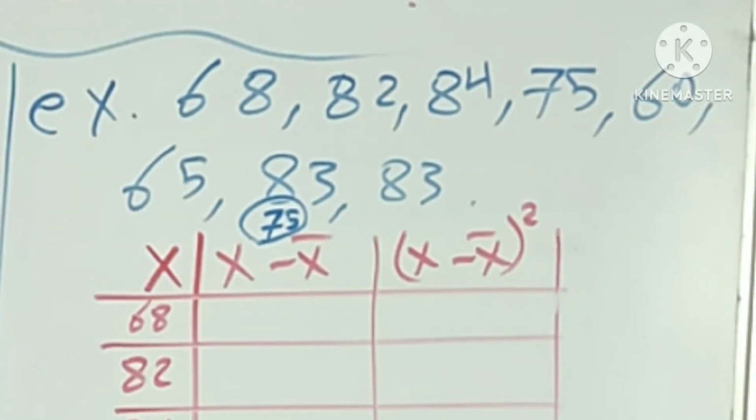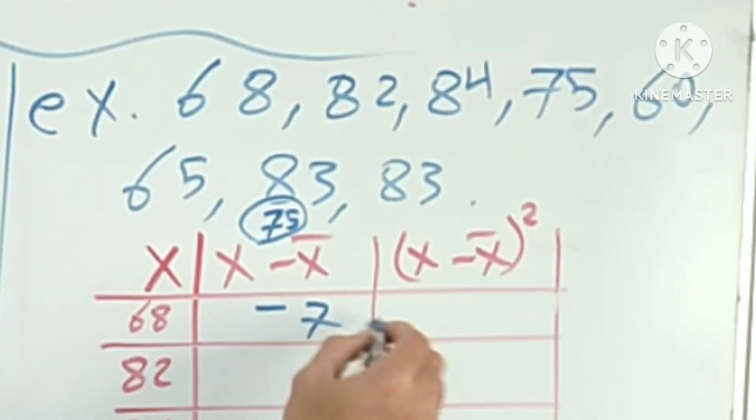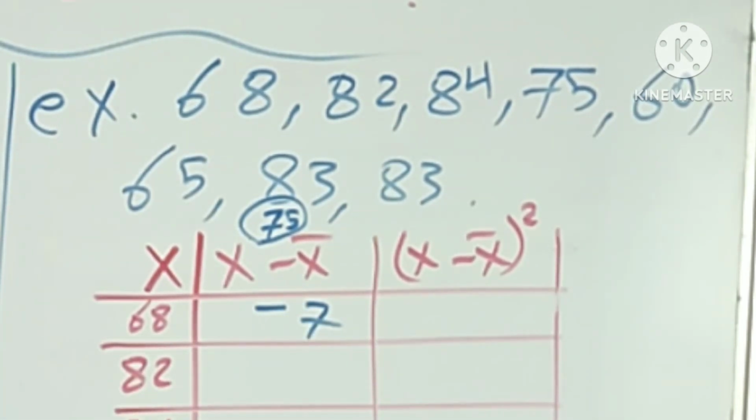Okay? What we have to do now is just subtract: 68 minus 75 is equal to minus 7, and 82 minus 75 is equal to 7.